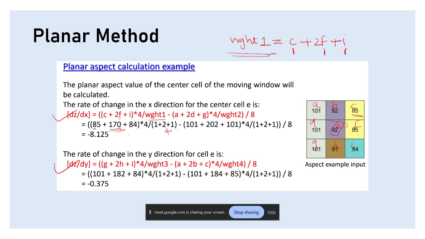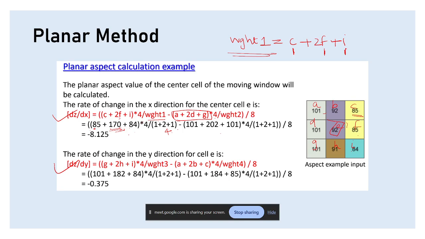Okay. Similarly here also we are doing the same thing. In the first part, that is over here, we are basically writing the same values that are given in the cells. So A is 101, D is 101 multiplied by 2, which is basically 202, and G is again 101.